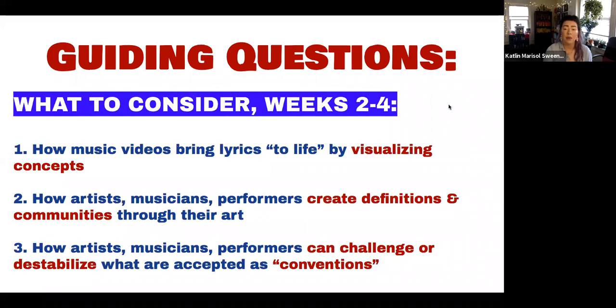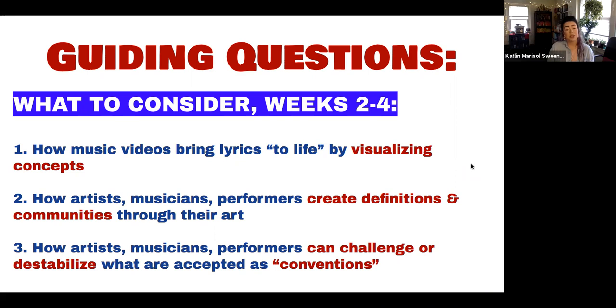What we want to consider, from this week and in the next couple weeks, is these questions of how music videos bring lyrics to life by visualizing concepts, how artists, musicians, performers create definitions and communities through their art, right? And depending on how they're approaching their text, they may be including or appealing to some audiences and excluding or not appealing to others.